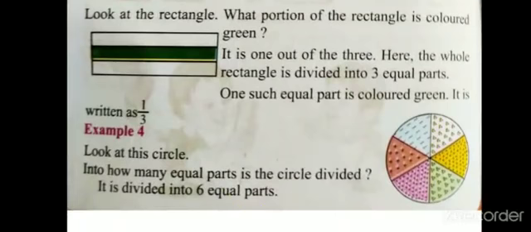So you see the triangle here. Sorry, it is not a triangle, it is a rectangle. The rectangle is divided into 3 equal parts. If they are unequally divided, we cannot write it as a fraction. Among the equally divided parts, one part is shaded.